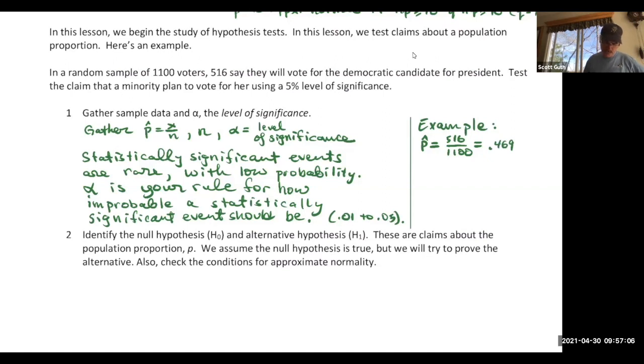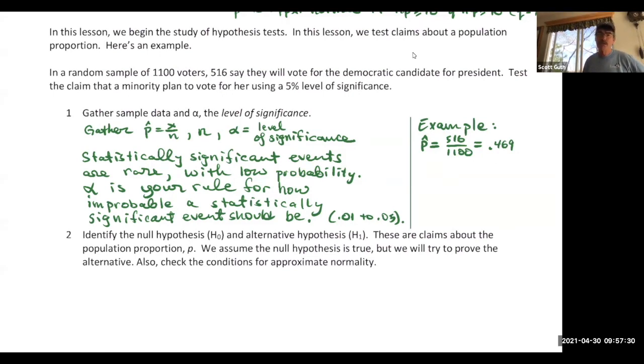Now, they're saying that a minority plan to vote for the candidate. And what you're observing here is a minority, less than 50%. So this seems to be supportive of what they're saying, but we're worried that it's just a chance fluctuation, remembering that statistics from samples are not that reliable.